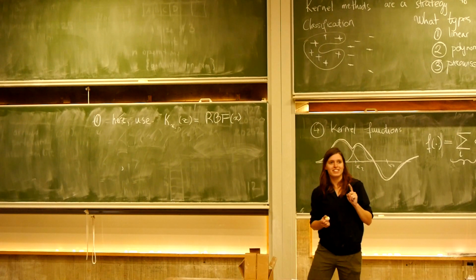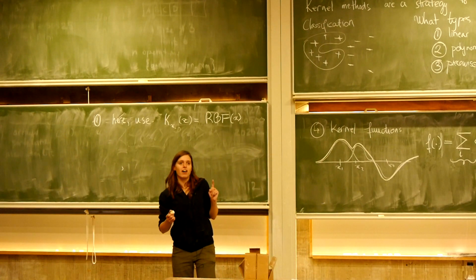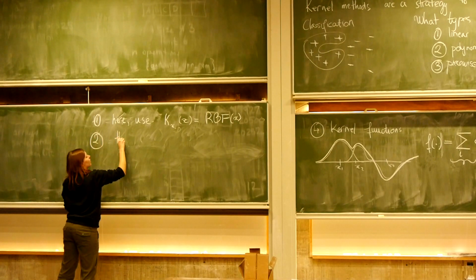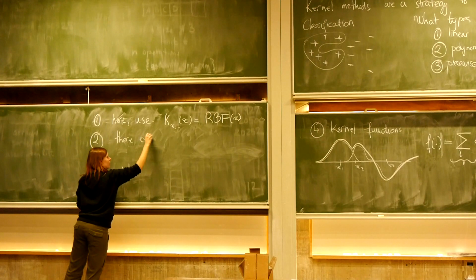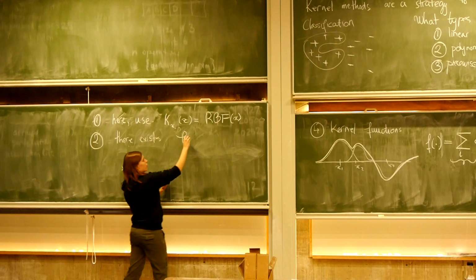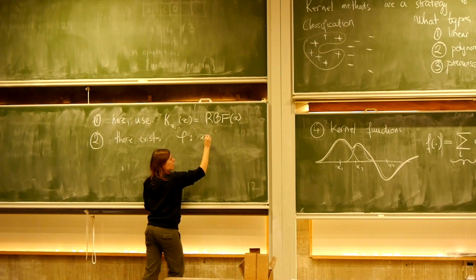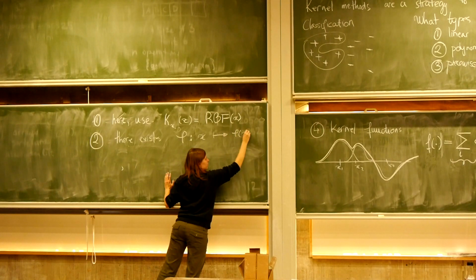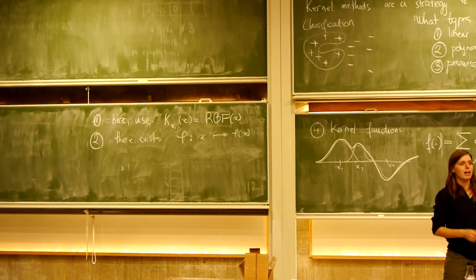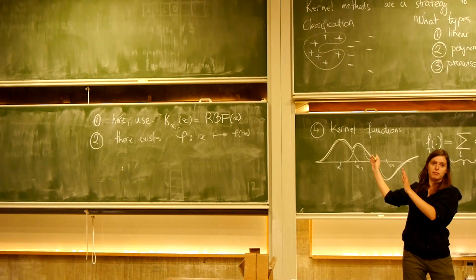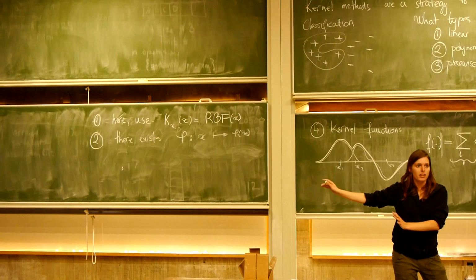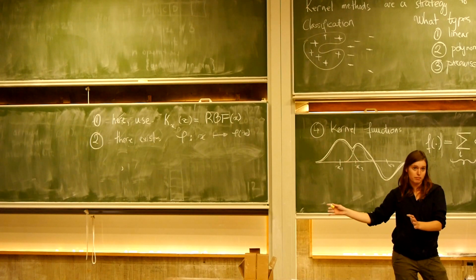And I say, even if I can't tell you exactly what phi is, I know that there exists a phi that is a transformation from my original points to some new points. And the moment I was given that kernel, intuitively in my mind, I take all of my points and I transform them. And I no longer care what the original points were. I now have a different set of transformed points. And you can think of those transformed points as constants.